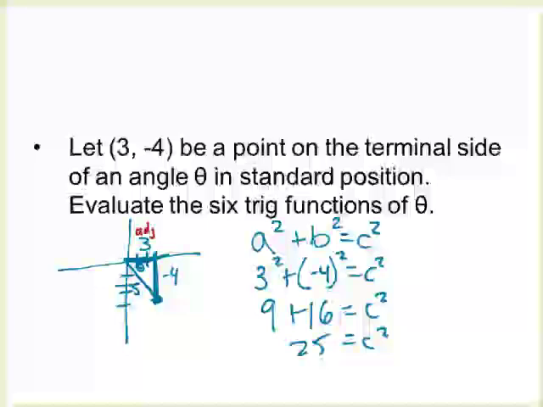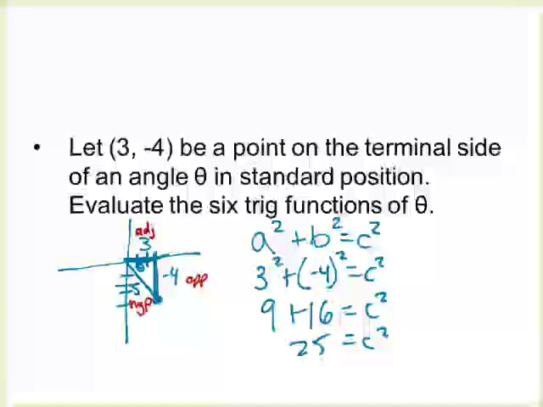And what kind of side is -4? Opposite. And 5 was the hypotenuse. And by the way, a hypotenuse is always positive no matter what direction it looks like it's going in. Up, down, right, left, diagonals, always positive for a hypotenuse. The sides can be negative, but a hypotenuse will always be positive.